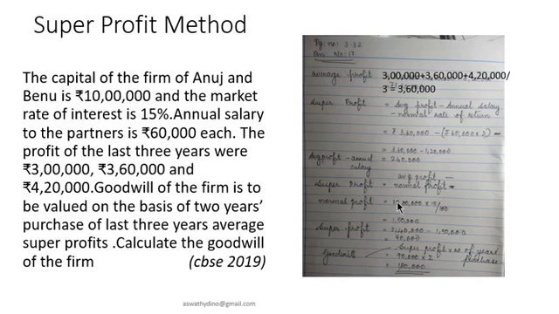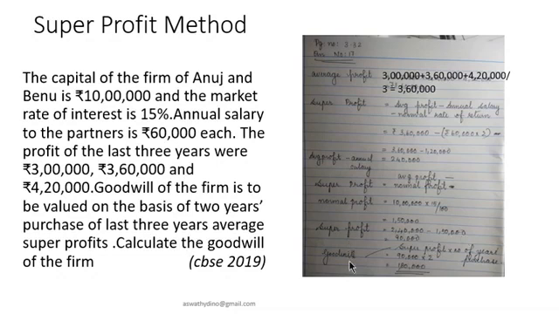The actual average profit after deducting the salary is 2,40,000, correct? So 2,40,000 minus 1,50,000, 90,000 rupees is the super profit.